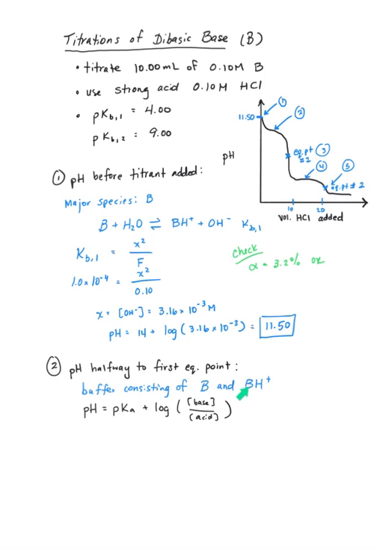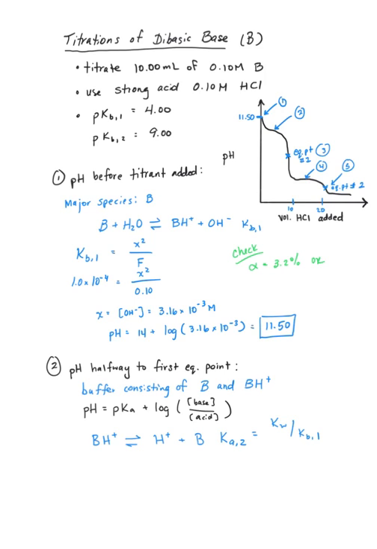The acidic conjugate is BH+, so let's think about its Ka value. This Ka is effectively Ka2. It's essentially the reverse of Kb1. So we can calculate Ka2 if we know Kw and Kb1.